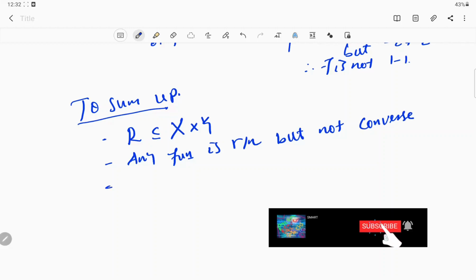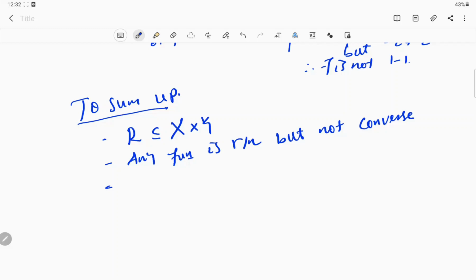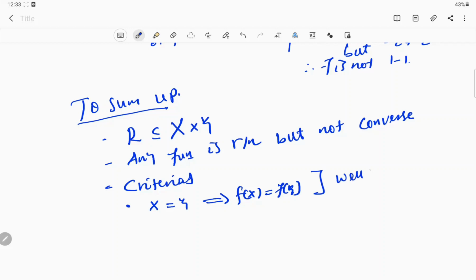Again, this is the criteria to show functionness or well-definedness: if x equals y, and you show that f(x) equals f(y), then this is a criteria for well-definedness.